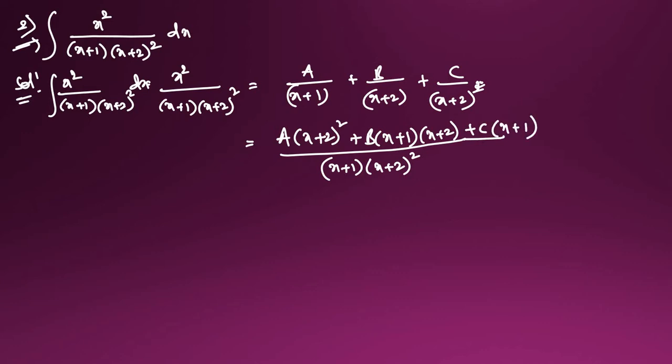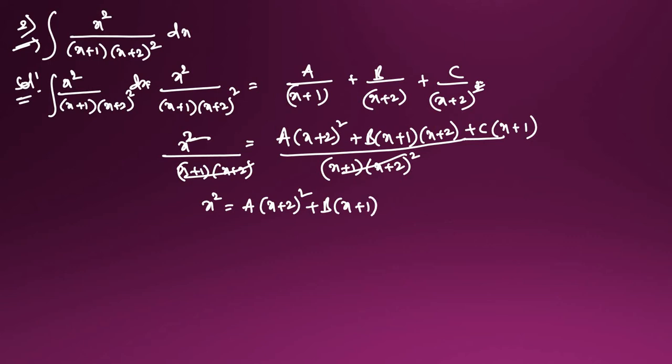Here the denominator cancels, and what remains is x square is equal to a into x plus 2 whole square plus b into x plus 1 into x plus 2, and plus c into x plus 1.